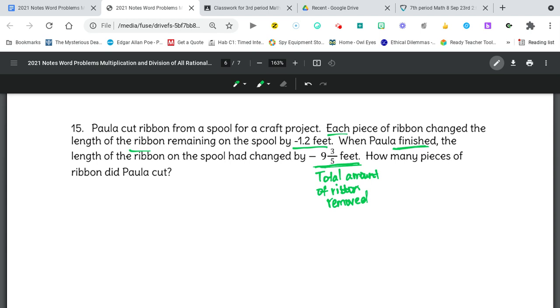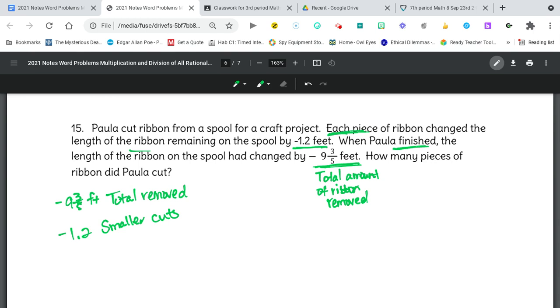Okay, so let's take a look. I have negative 9 3/5 feet. That's the total removed. And then I have each little piece, like what they're removing every time. So I know that they're removing this. These are my smaller cuts, okay?